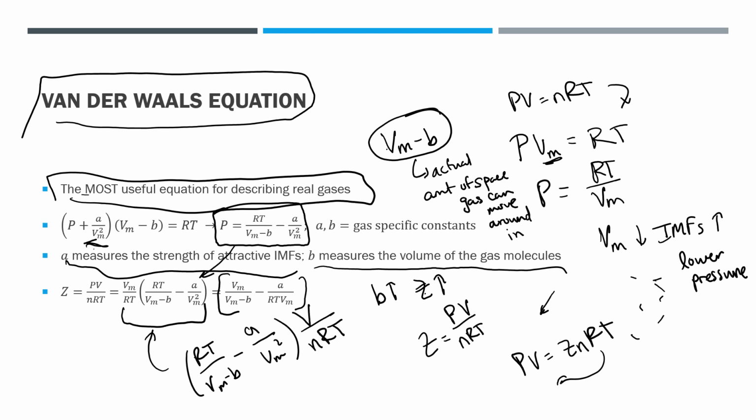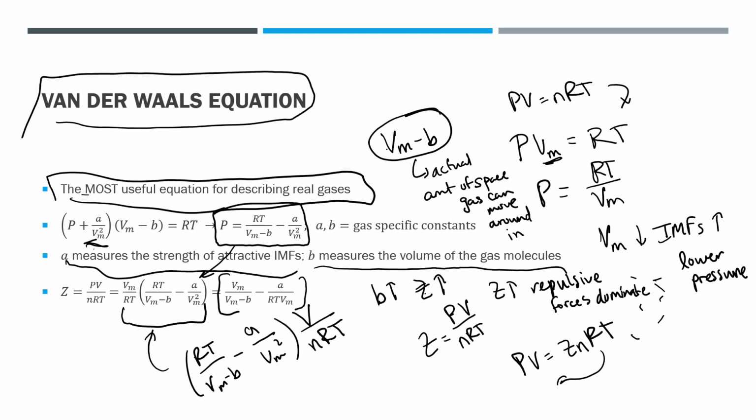And V molar divided by a small number is going to make the compression factor get really large, right? So as B goes up, Z goes up. And remember what we said, when Z is high, repulsive forces dominate.